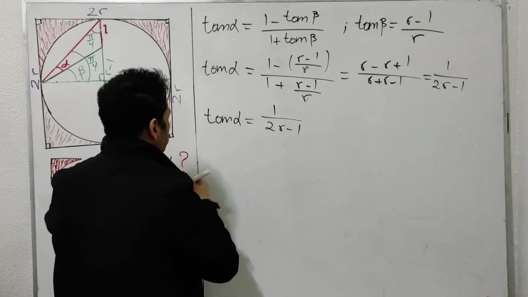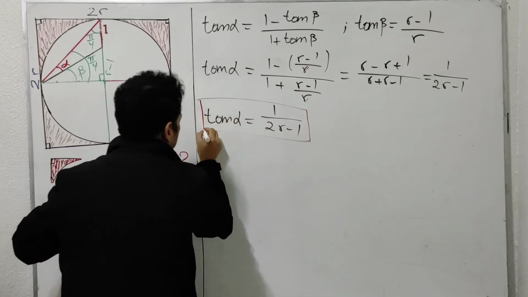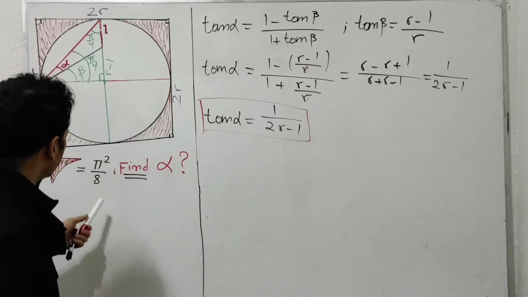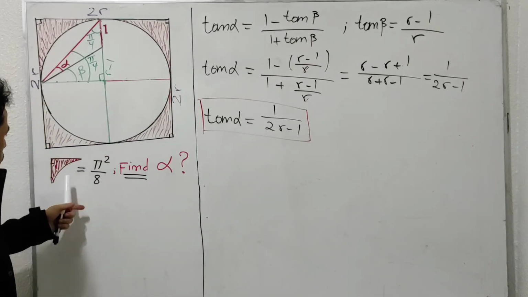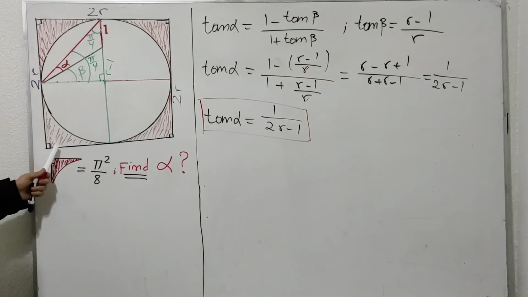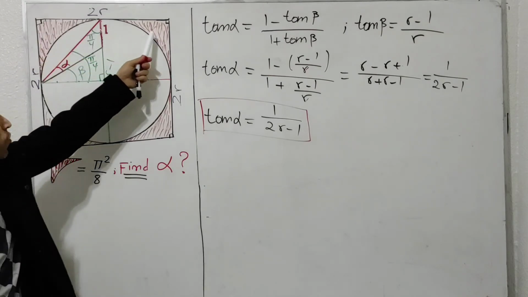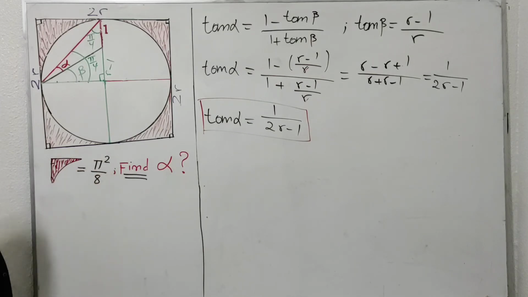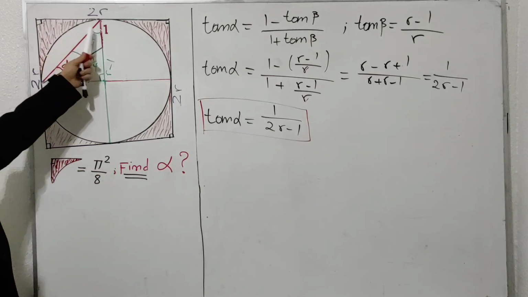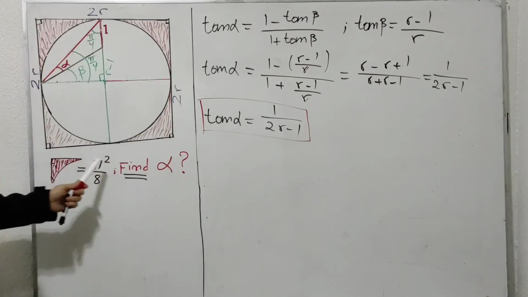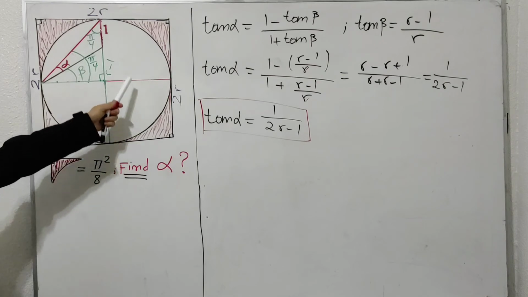Now I'm going to calculate r. In order to calculate r, I'm going to use this piece of information, which is that one of the shaded areas equals pi squared over 8. So that means 4 of them equal 4 times pi squared over 8. We know the shaded area equals the area of this square minus the area of this circle.